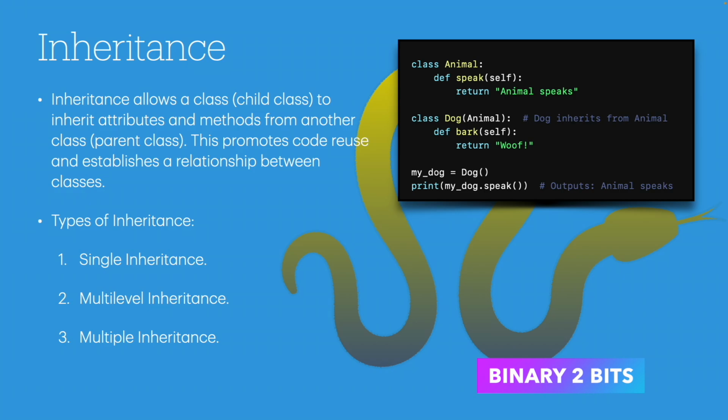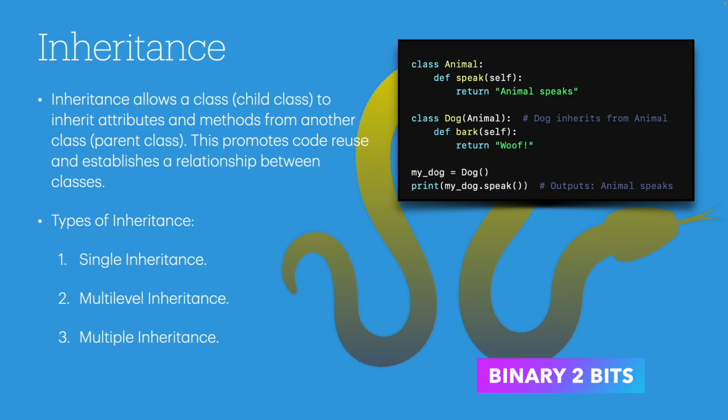And multi-level is when we add multiple classes and inherit one by one. Suppose we inherit Animal into Dog, and after Dog we inherit some other breed of that dog, like German Shepherd. When we define the class German and inherit Dog, that is multi-level.